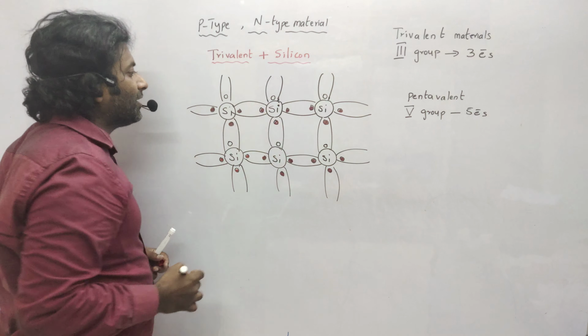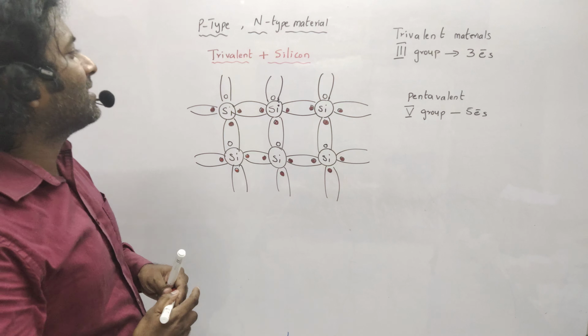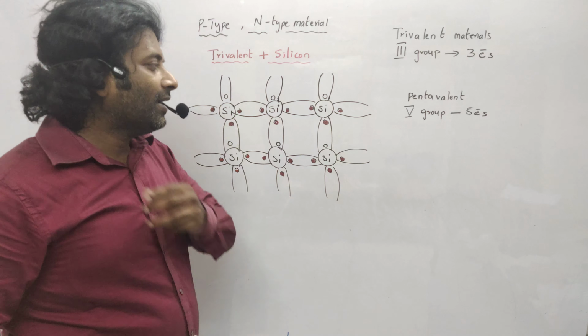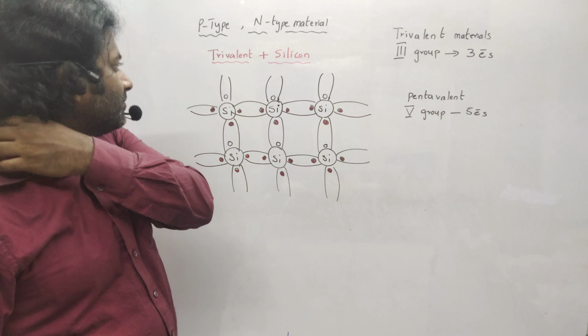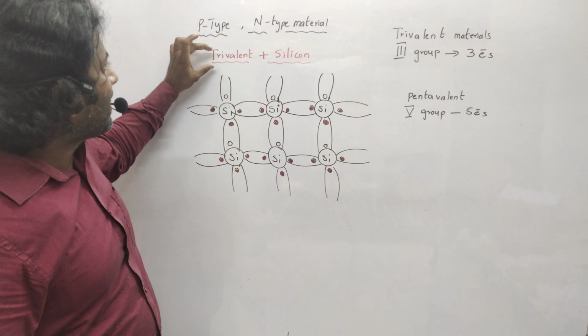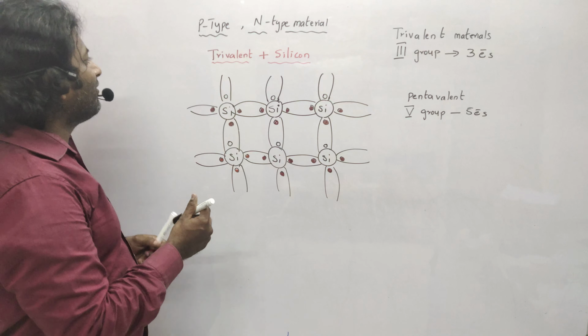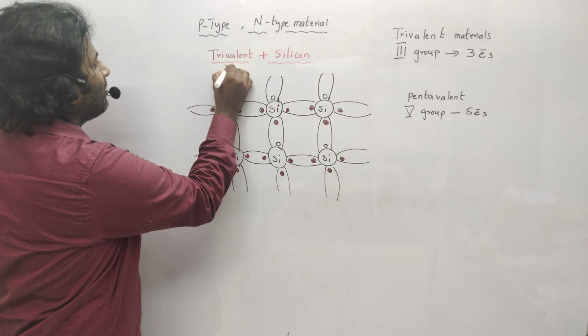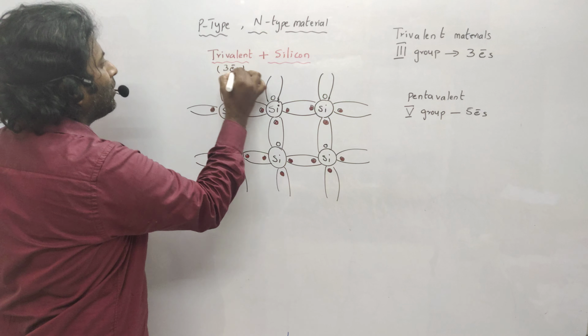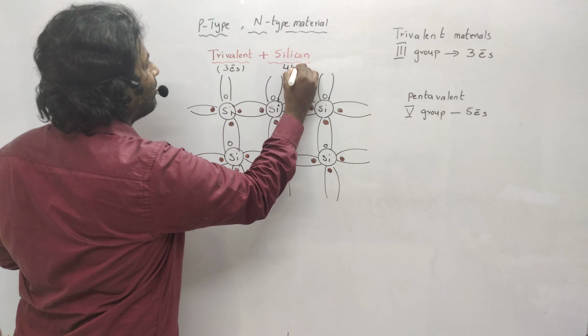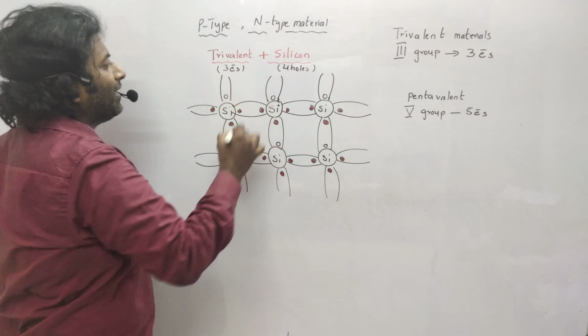This is the figure related to trivalent plus silicon. So trivalent is given. How many electrons are available? 3 electrons are available. How many holes are available? 4 holes are available, for every atom.